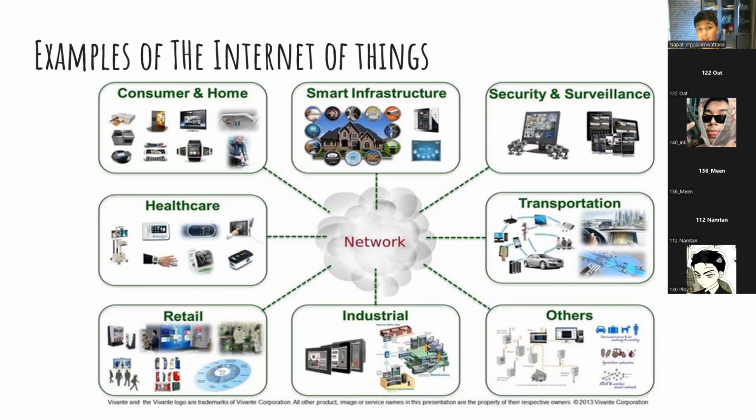They also use IoT in retail, right? If you have been to Siam Discovery, there is one shop that I'm not sure what they call it, but I would call it a staffless shop.